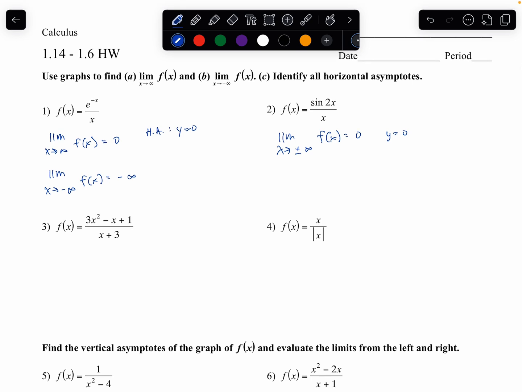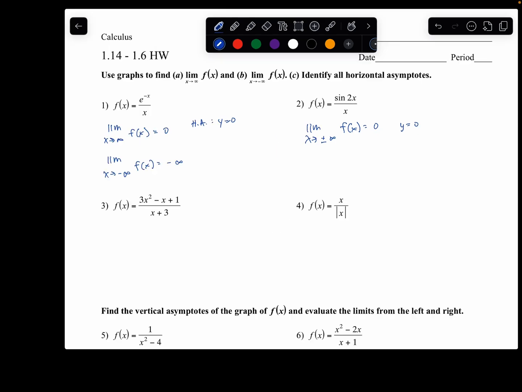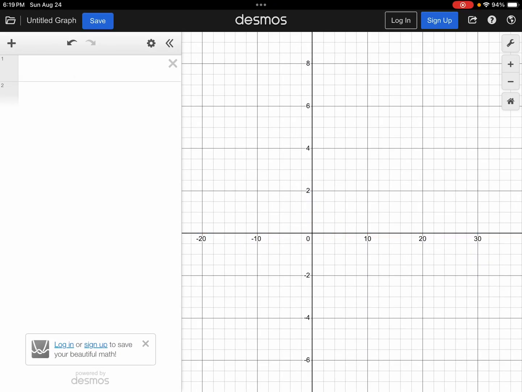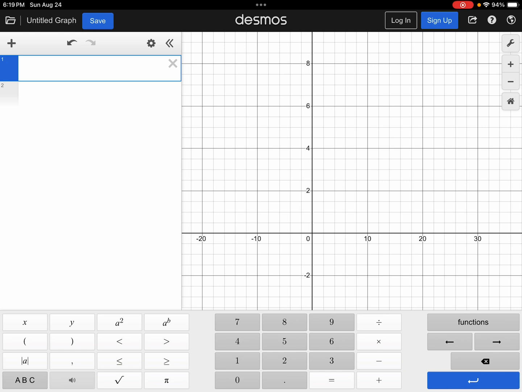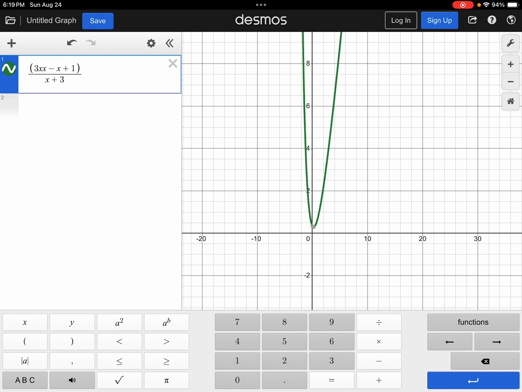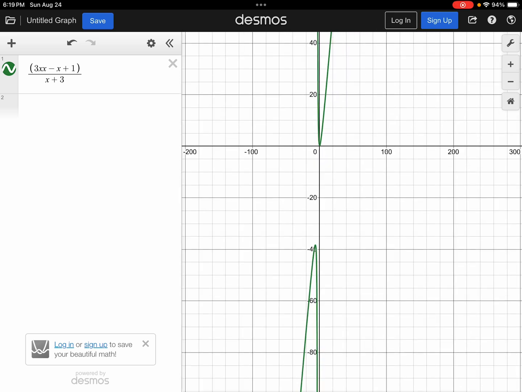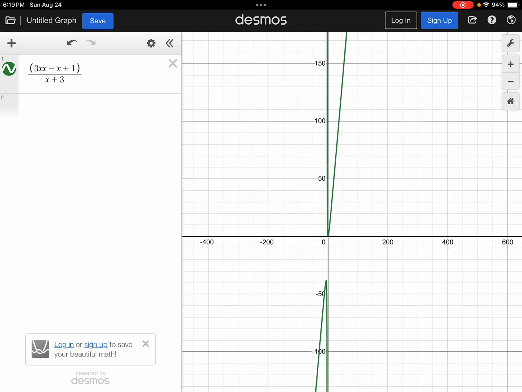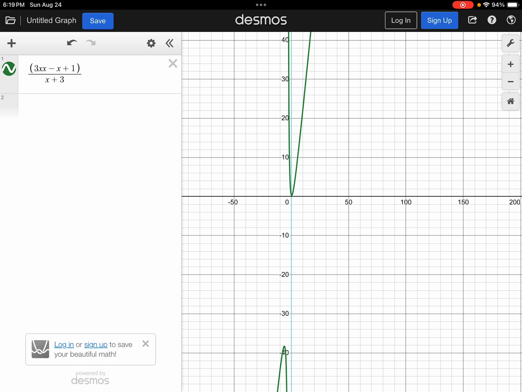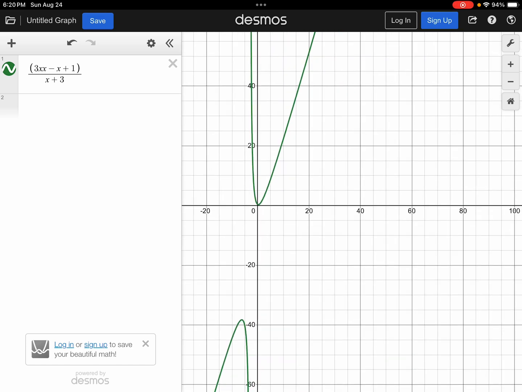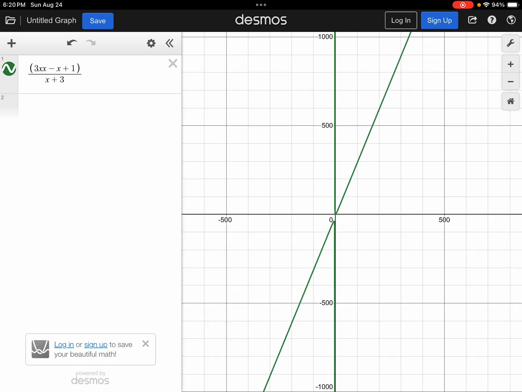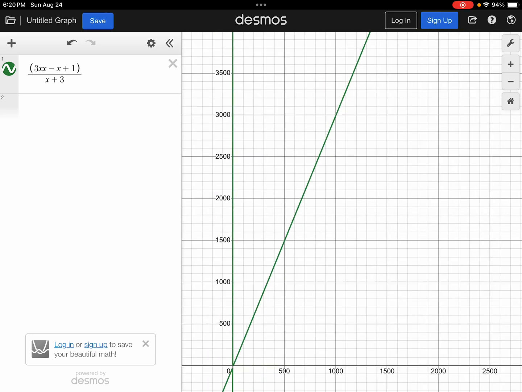For 3, it looks like 3x squared minus x plus 1 over x plus 3. So 3x squared minus x plus 1 divided by x plus 3. Okay, so I'm going to try and shrink the y-axis. At positive infinity, it looks like it's positive infinity.